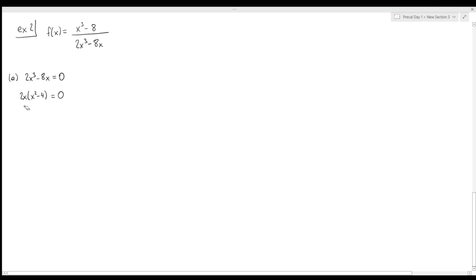All right, and then here, x squared minus 4 factors as (x minus 2)(x plus 2). So then that gets us 3 possibilities. So then for the domain of your function, the domain should be all real numbers except for -2, 0, and 2. Okay?